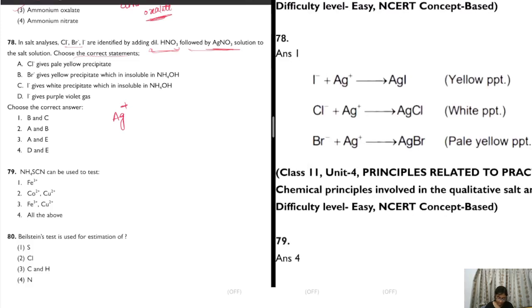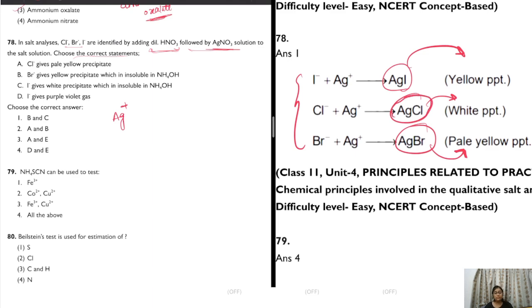These are the anions given to us, and upon adding Ag+, we get AgI, AgCl, and AgBr. So AgI is a yellow PPT, AgCl is white, and AgBr is a pale yellow PPT. What students do and get confused, and even I got confused when I was a student, was that I used to think that AgCl is a yellow PPT, which is not the case. It is a white PPT.